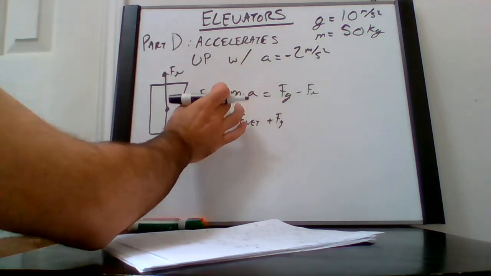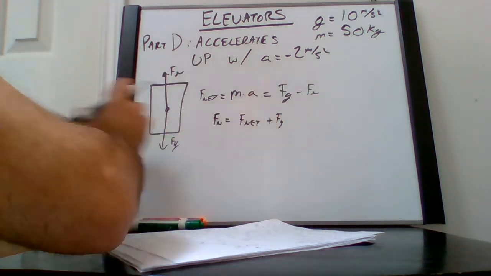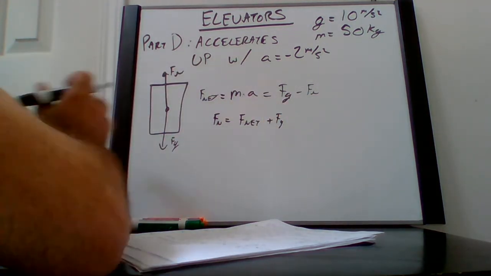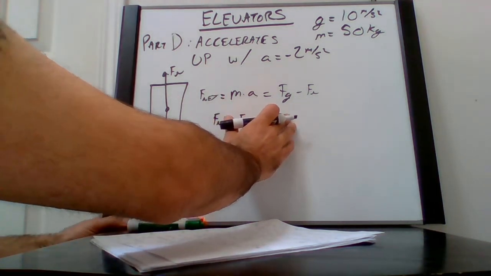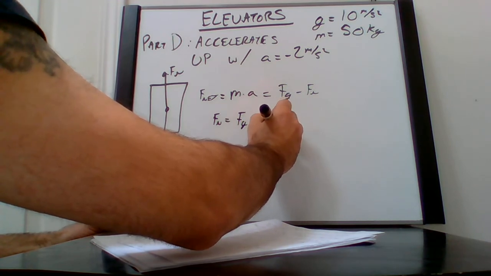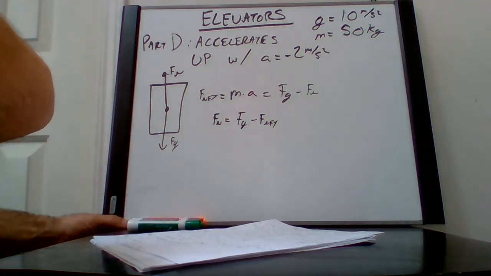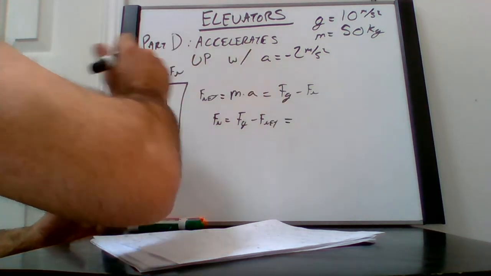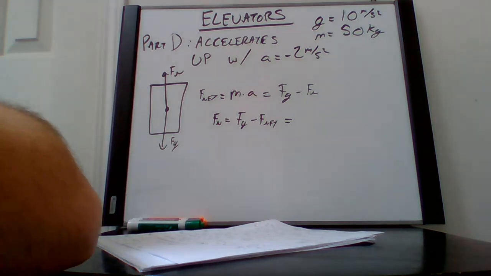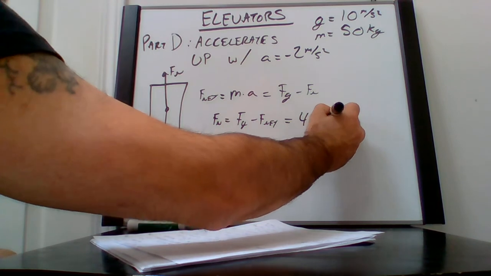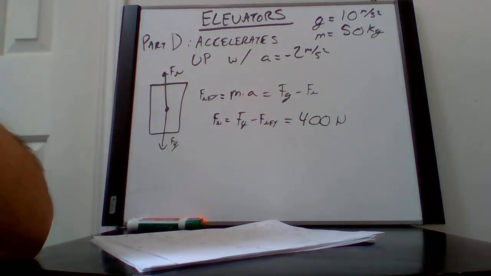Right, move the Fn over, move the F net over. And so we are looking here in this situation that we have a 400 Newton situation.